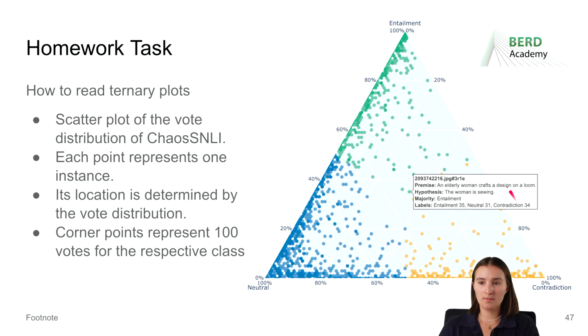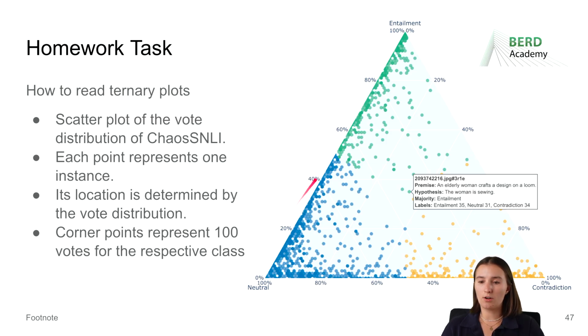What you will get is a Jupyter notebook that is hosted on Google Colab, where you have access to a plot like that. That contains 1,500 examples of such sentence pairs. And how you can read such a ternary plot, this triangle plot, is that you have those three axes here on the left side, on the right side, and on the bottom.